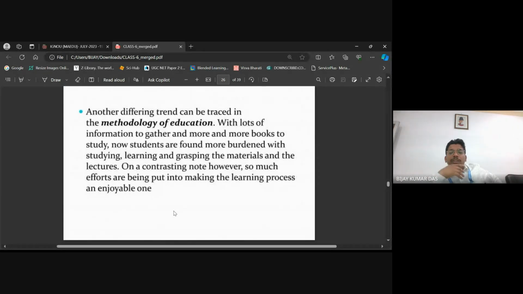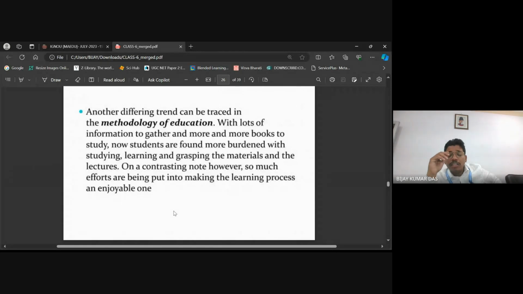Another differing trend can be traced in the methodology of education, with lots of information to gather and more books to study. We were gathering a large number of books to study, and we had to go to the library regularly. So now students are found more burdened with studying, learning, and grasping the materials and the lectures. There are enough study materials available on websites.